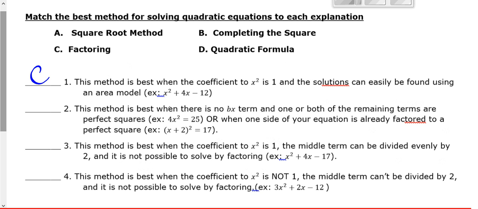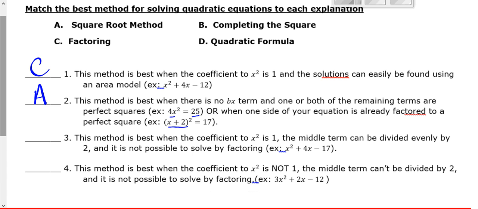So for example, 4x squared equals 25. Or when one side of your equation is already factored to a perfect square, like x plus 2 squared equals 17. And this one's best used with our square root method.